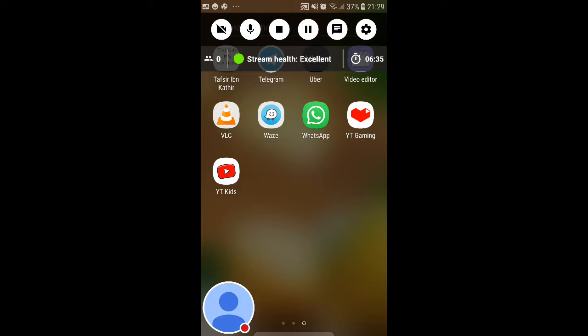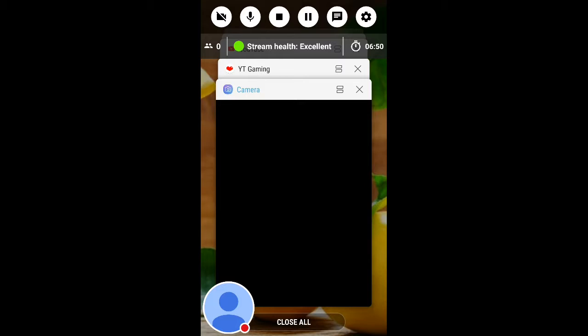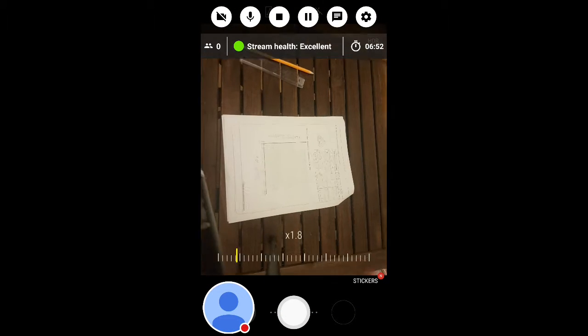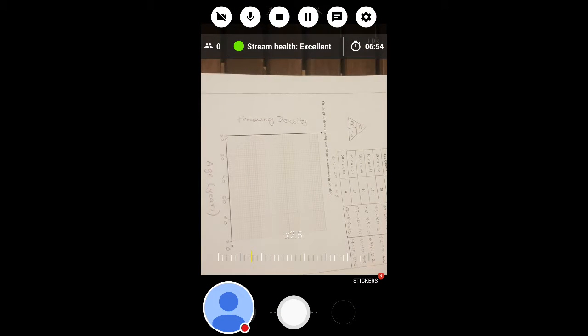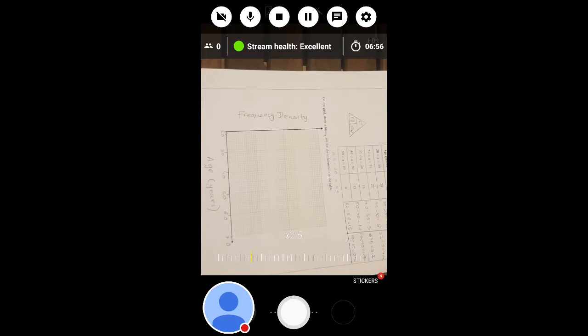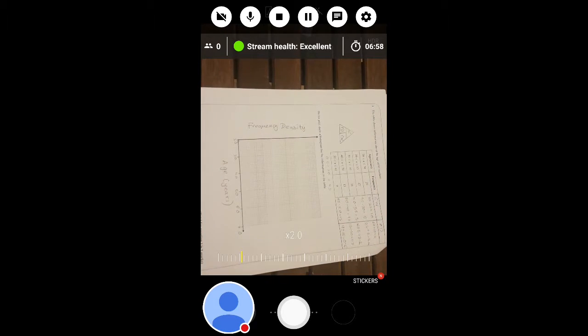So that's 20, 30, 40, 50, 60, and we can have 70. I don't know why the camera keeps going off. Here we go, 20, 30, 40, 50, 60, 70 over there.